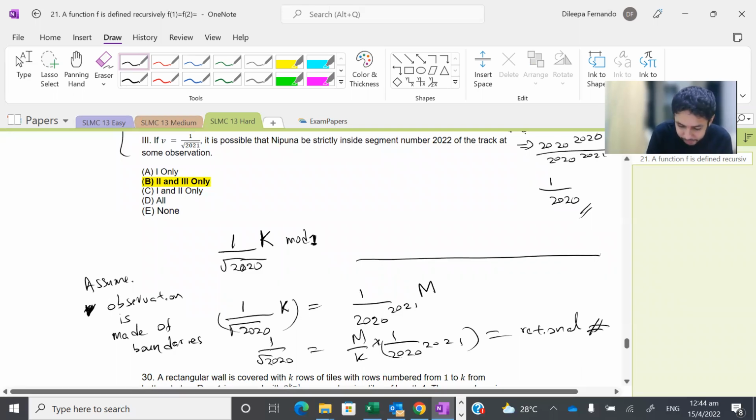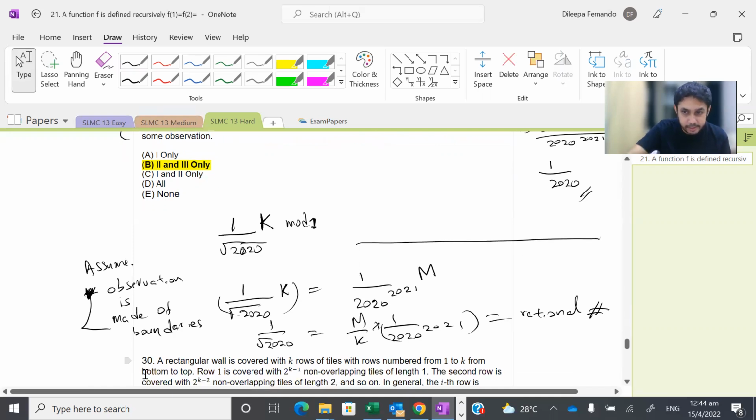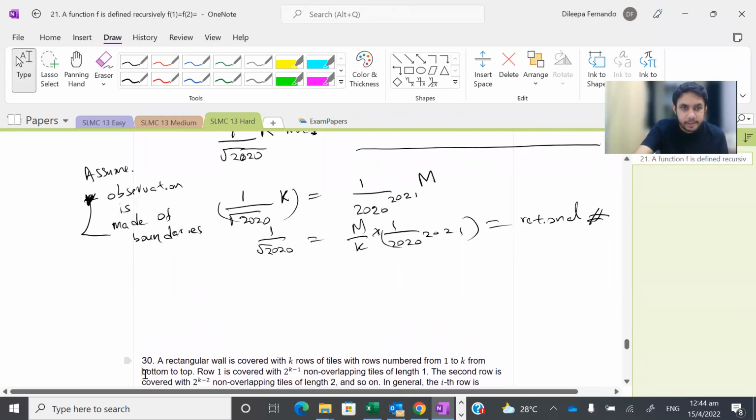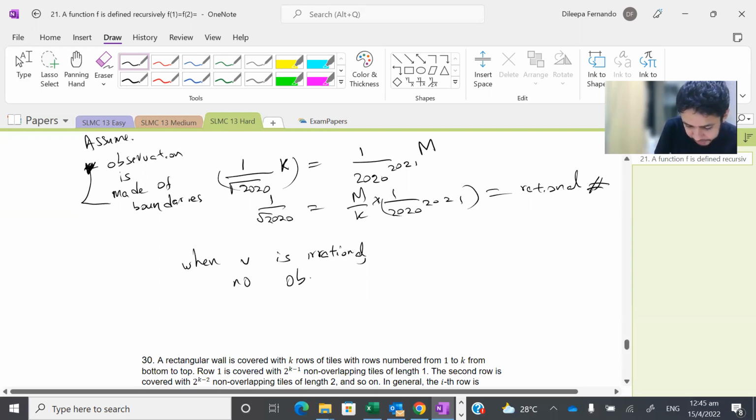So this is an irrational number which can be shown as a rational number, which is a contradiction. That means no observation can be made on boundaries when V is irrational. So the intermediate result is, when V is irrational, no observation on boundaries.